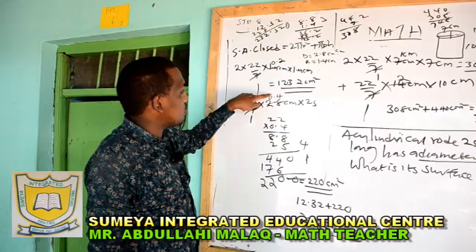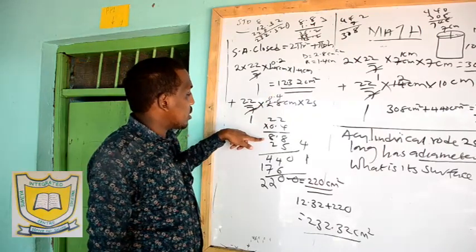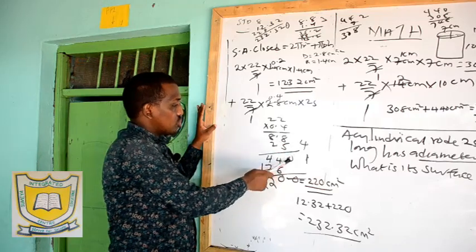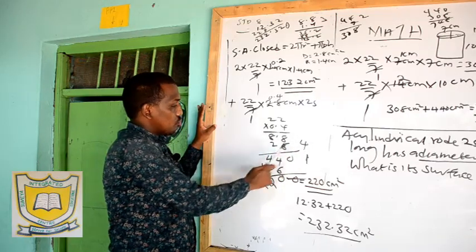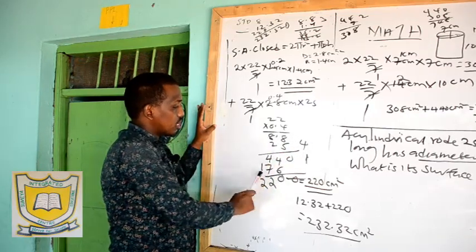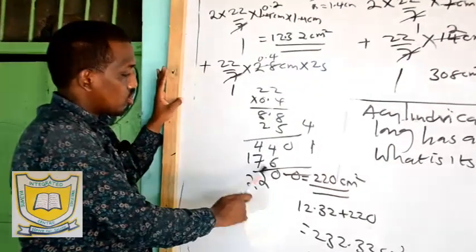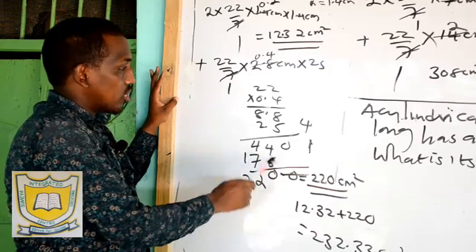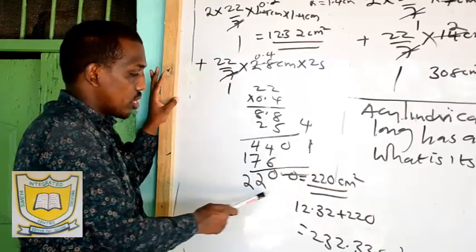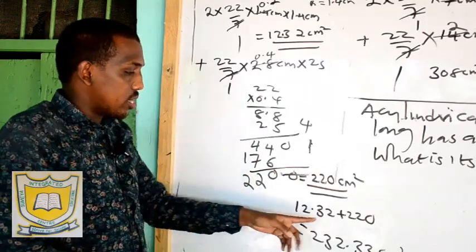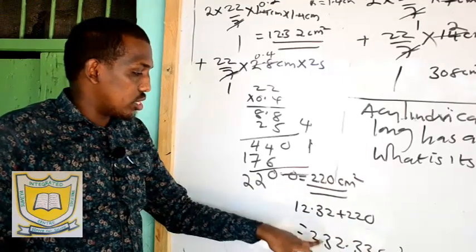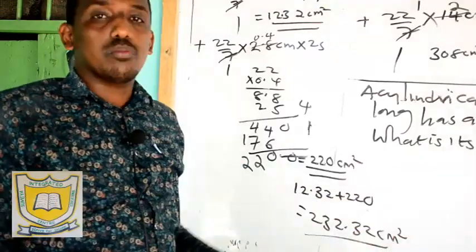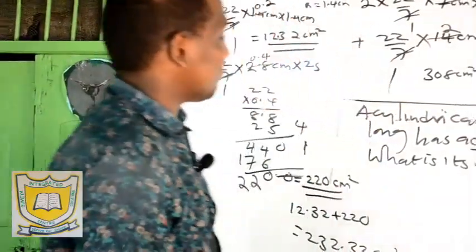So 22 times 0.4, you will get 8.8. 8.8 times 25, you will get 220. So when you add 220 plus 12.32, you will get 232.32 centimeter squared. That is how we solve.